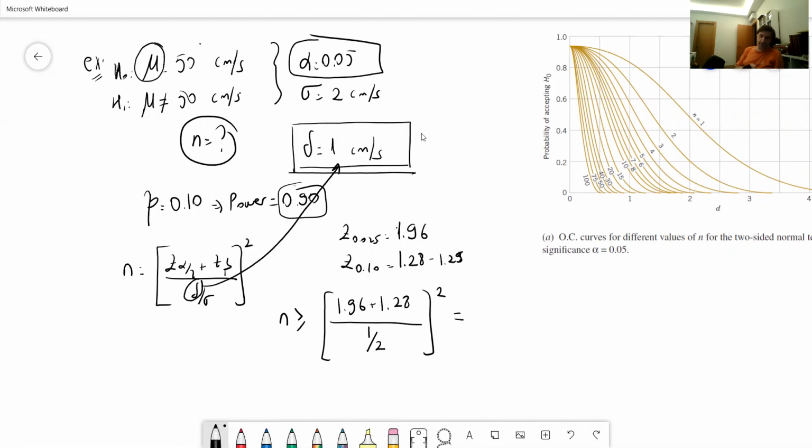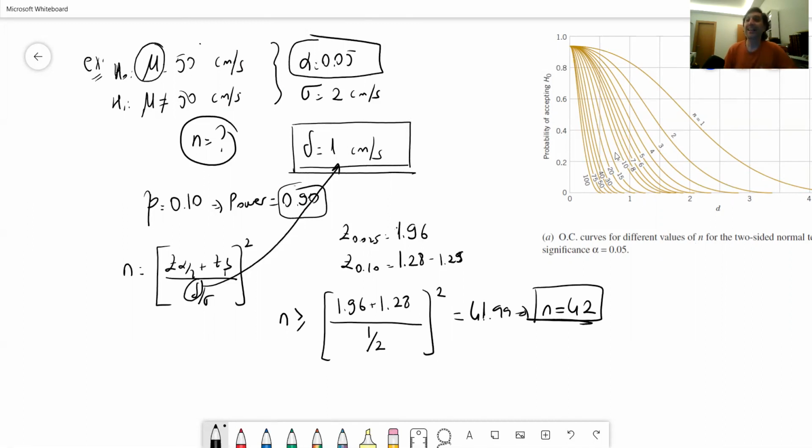It's going to be 1.96 plus 1.28, times 2, squared, which is 41.99. So we need a sample size of at least 42 observations.